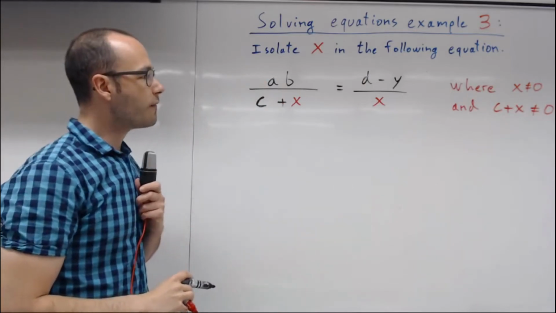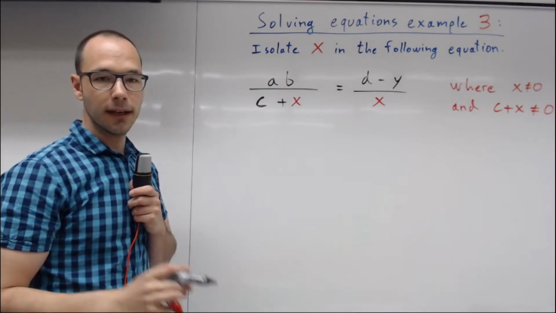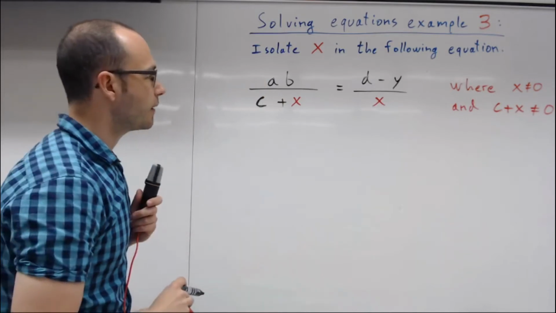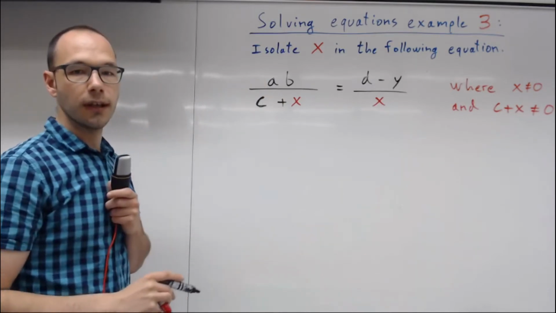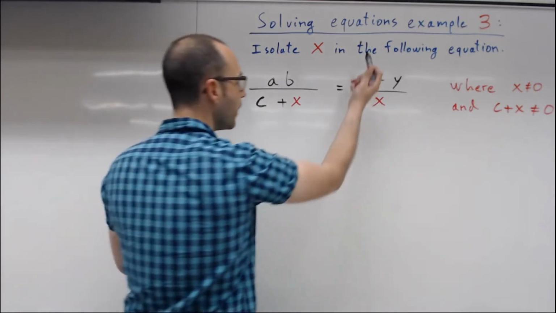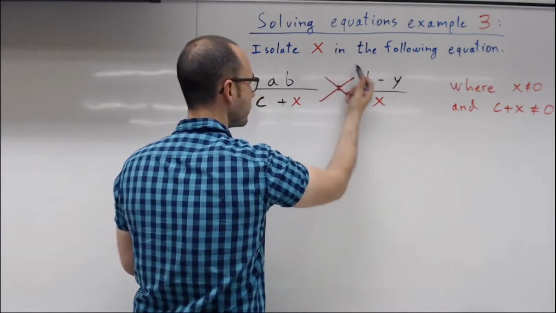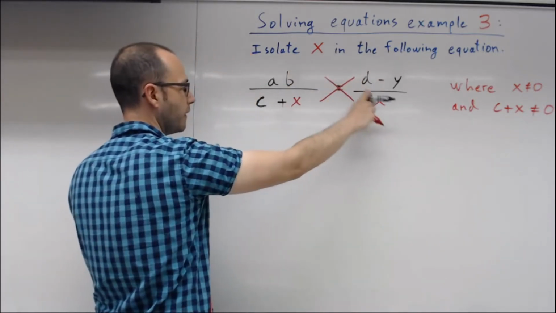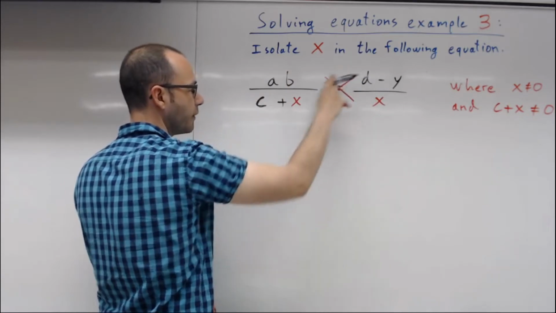When you have fractions on both sides, there's a special trick called cross multiplication. You multiply numerator with denominator and numerator with denominator.